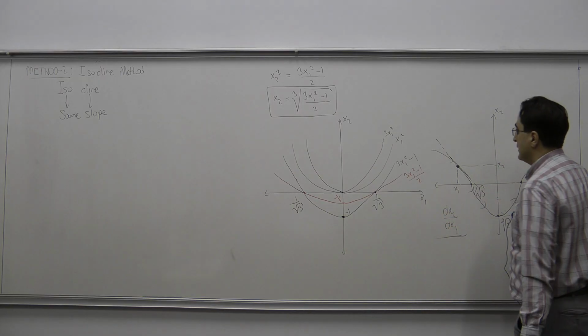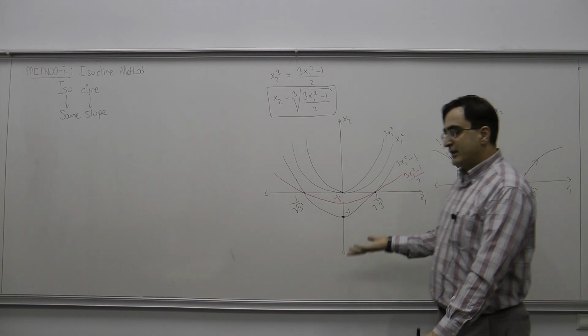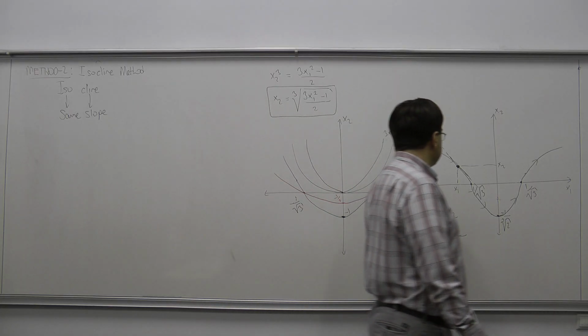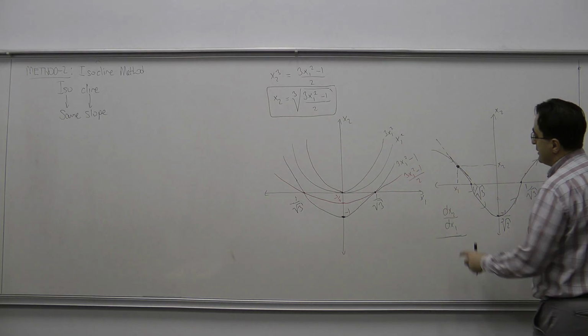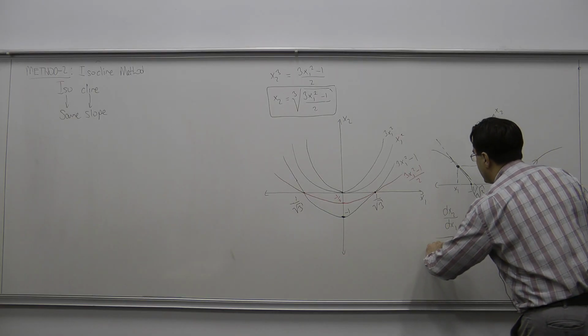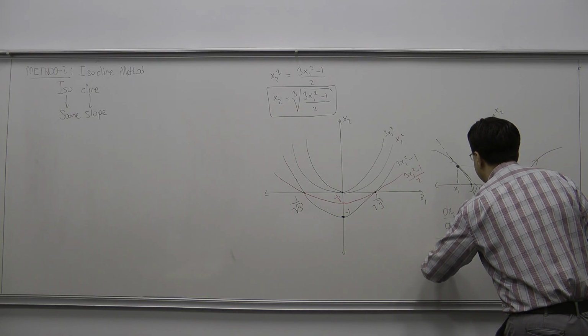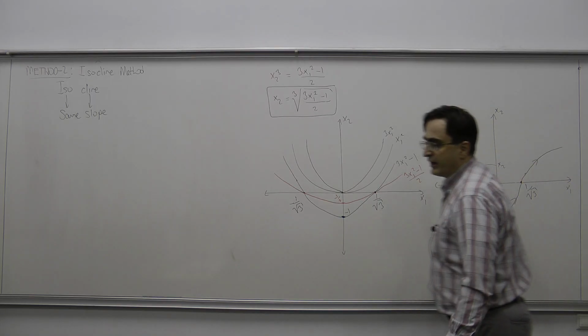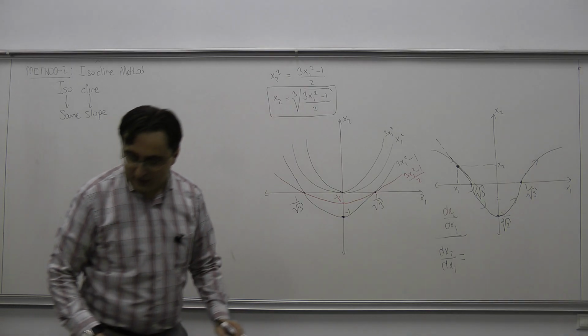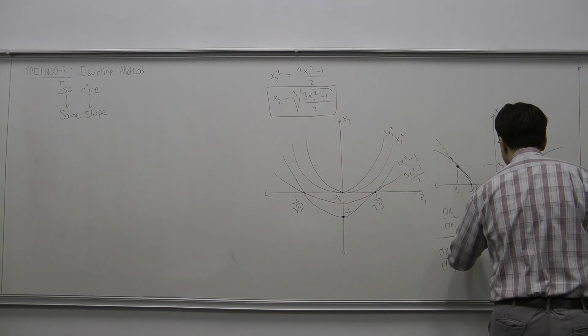So at the beginning of the method, we can obtain this dx2 over dx1, and this becomes an expression, of course, in terms of x1 and x2. dx2 over dx1 for the earlier example was x1 over x2 squared.